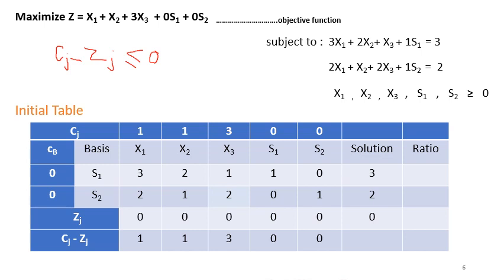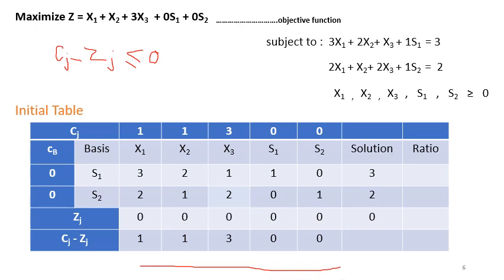But in this case, you can see all Cj minus Zj values here are greater than or equal to 0. Optimality is still not reached. We can only conclude that this problem has reached an optimal solution if Cj minus Zj values are less than or equal to 0, because this is a maximization problem.